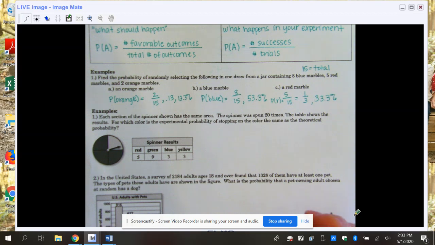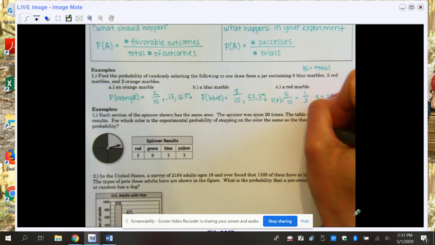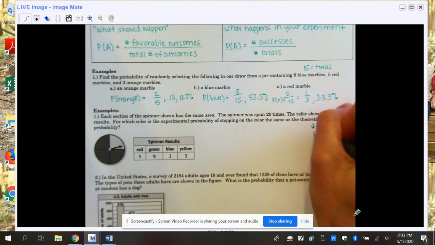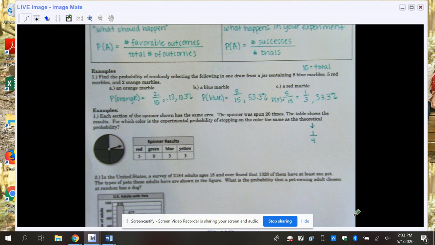So again, theoretical probability is what should happen. So the theoretical probability, if this spinner was separated into 4 equal parts, in theory, you have a 1 in 4 chance of landing on red, a 1 in 4 chance of green, blue, and yellow.